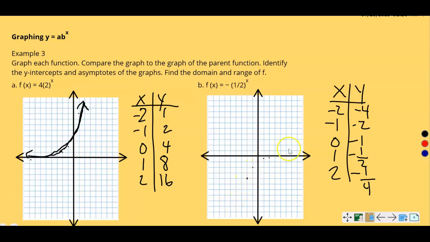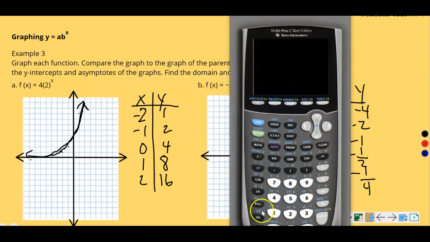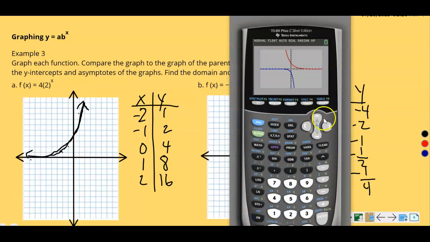And you can see that this one is going to be approaching 0 here. So those numbers are going to get closer to 0. Now, a good thing to do would be to graph these so that you can see on your calculator what they actually look like.